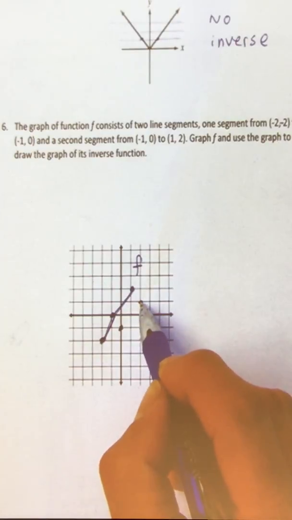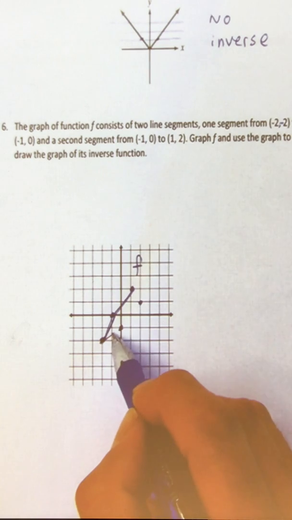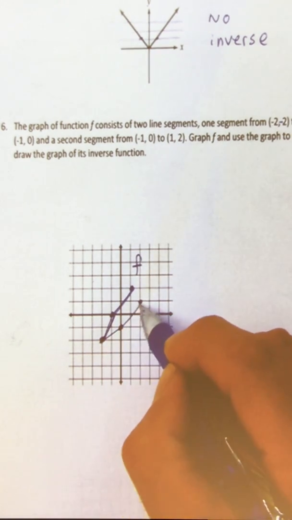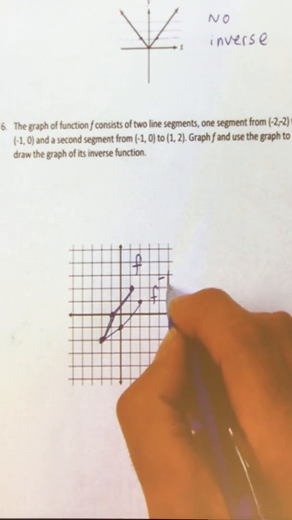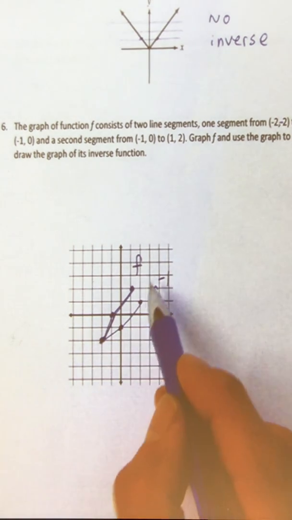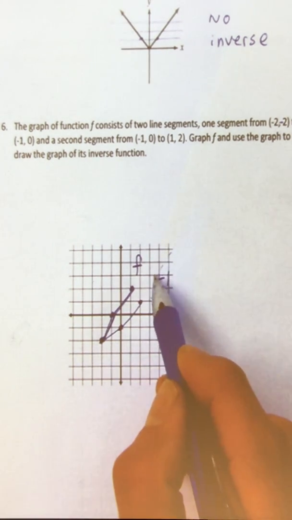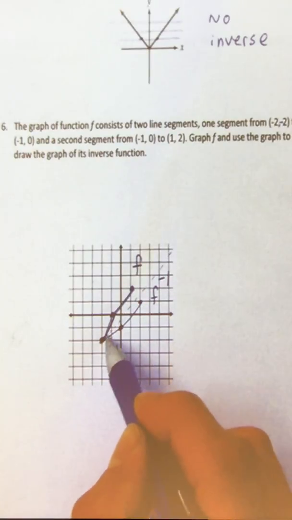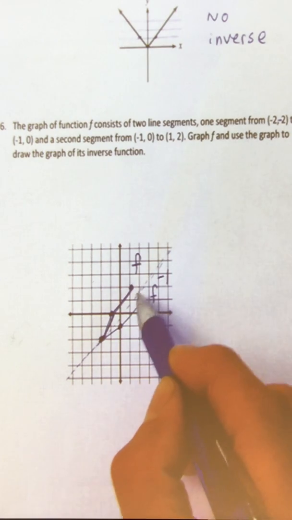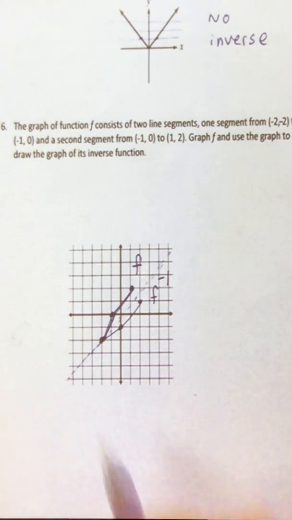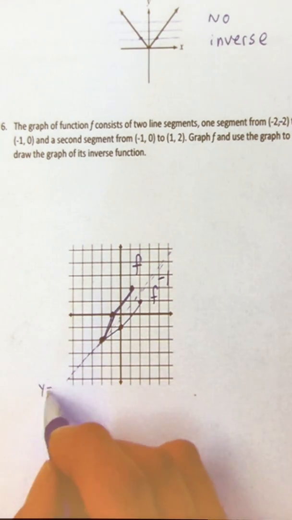And now we connect those points here and here, and that'll be the graph of f inverse. And the graph of the inverse function is always the mirror image on either side of this 45-degree line, and that 45-degree line is y equals x.